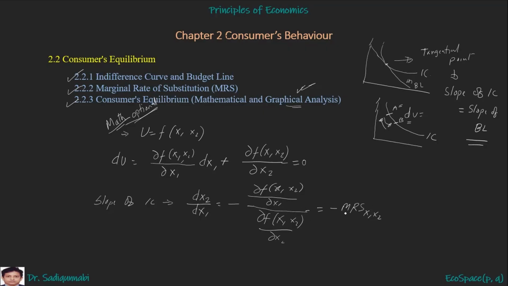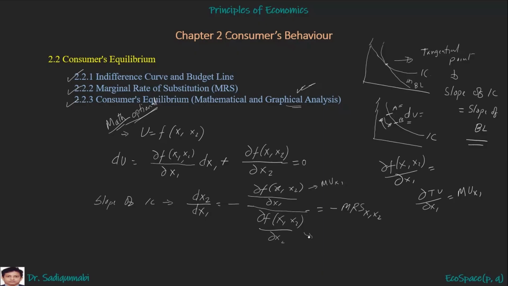Okay, so now tell me, what is this del function of x1 x2 over del x1? What is the meaning of this? That means this is actually del TU del x1. What is the name of this? Can you remember? MU x1. Yes. So this is actually MU x1.